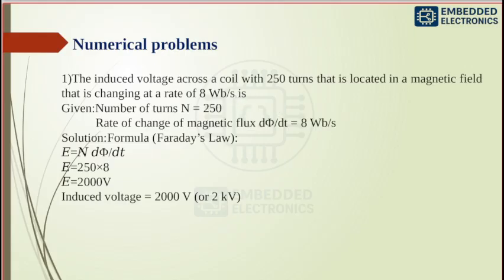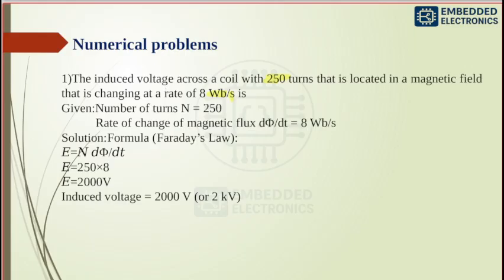So we have the number of turns, that is N, and a rate of 8 Weber per second. Weber is the unit of flux, and this is the unit of time. Rate of change can be represented as d phi by dt. So d phi by dt is equal to 8 Weber per second.